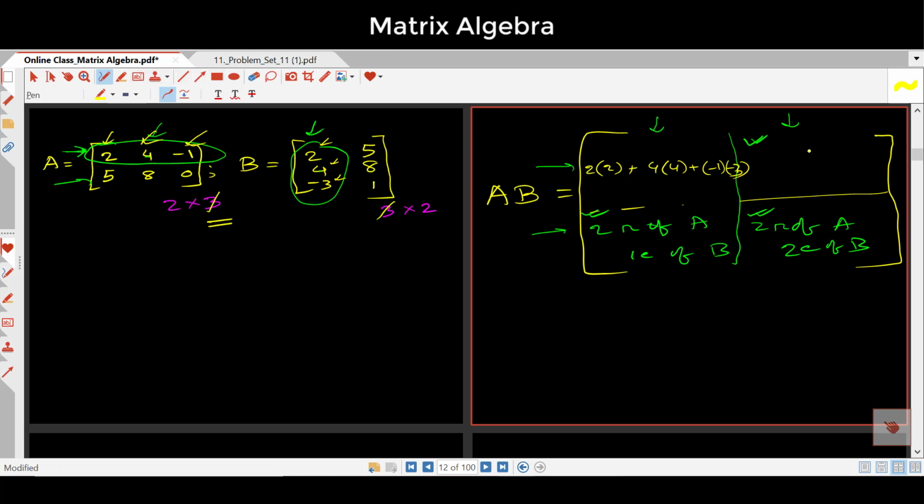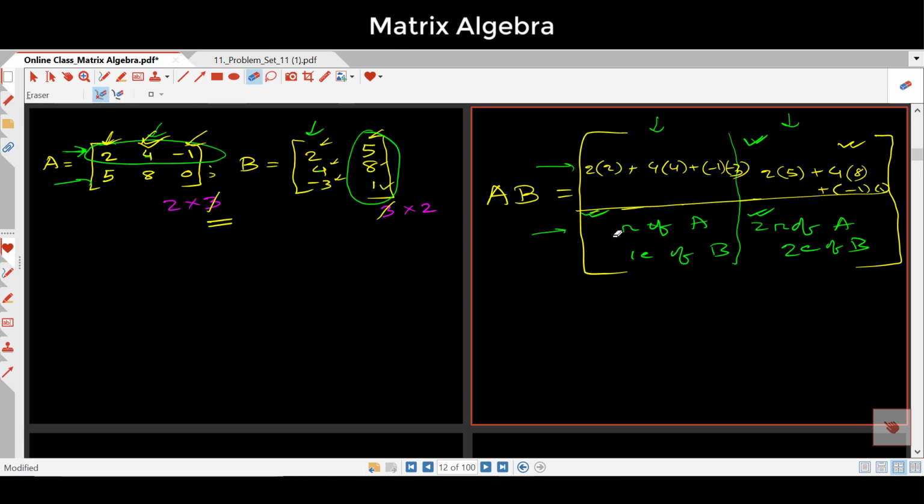So in this position you will have the calculations from this first row and this second column. So here it will be 2 times 5, first entry times first entry, plus 4 times 8, this 4 times this 8, plus minus 1 times 1. So this part is also done.